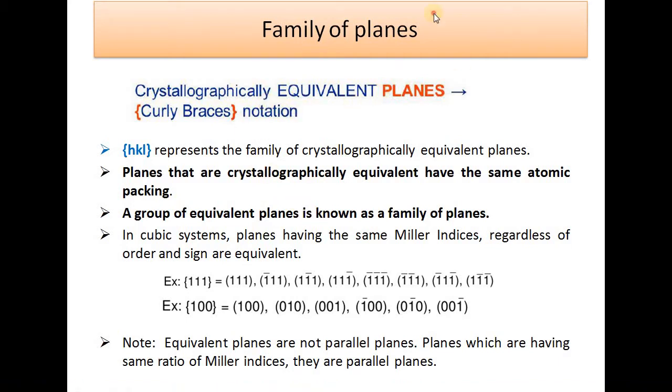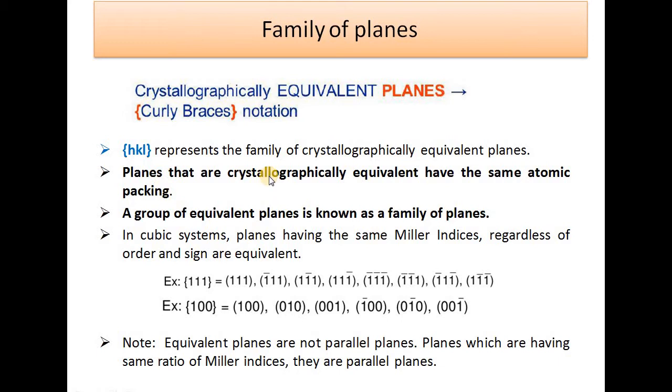Now, what do we mean by family of planes? Or we can say crystallographically equivalent planes. First of all, we will denote the crystallographically equivalent planes by enclosing the Miller indices in curly brackets. So this notation is representing a family of planes having Miller indices hkl.